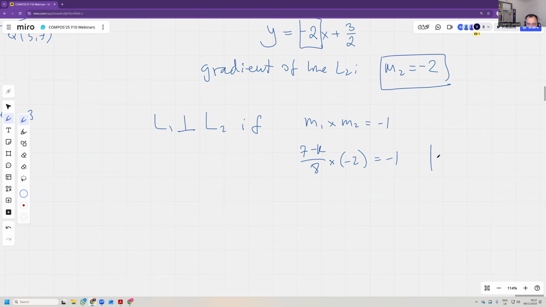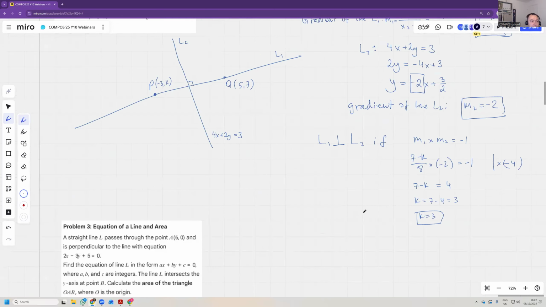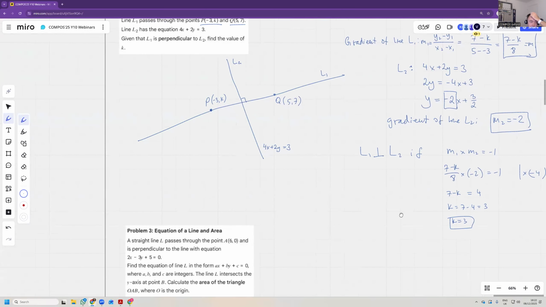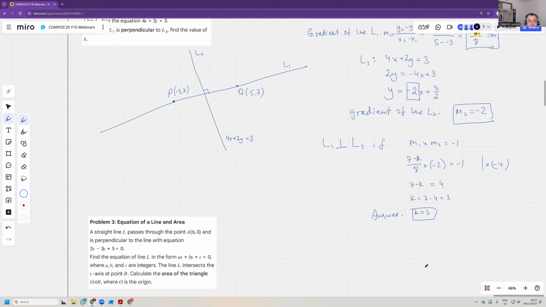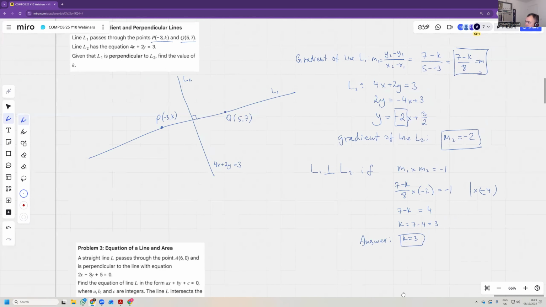Let's multiply everything by -4, and you get 7 minus k equals 4. And k is 7 minus 4 equals 3. K is 3. Lovely. So the points are (-3, 3) and (5, 7).